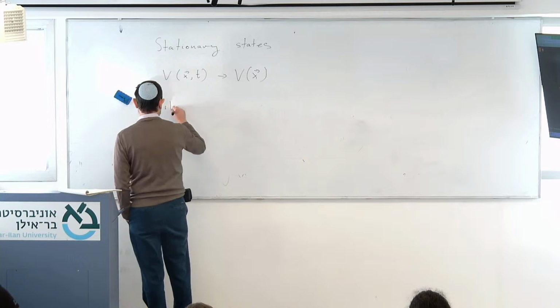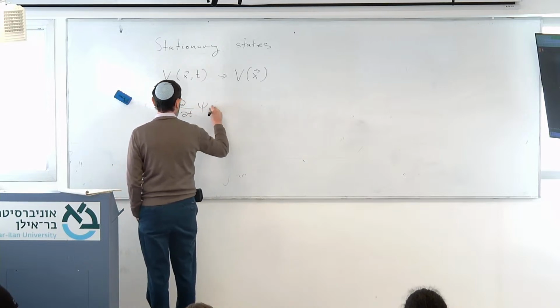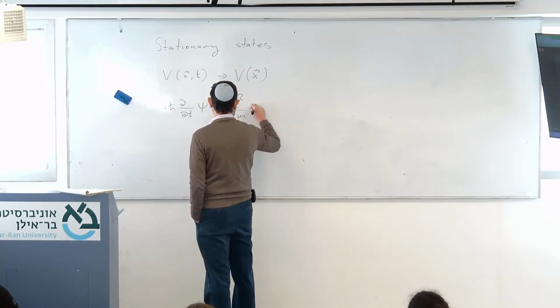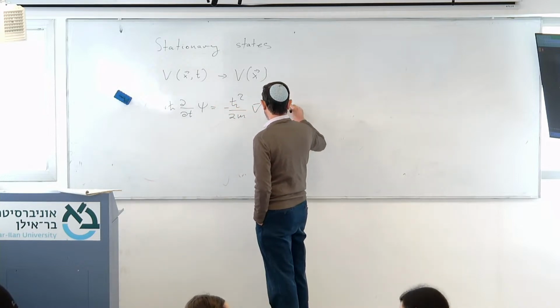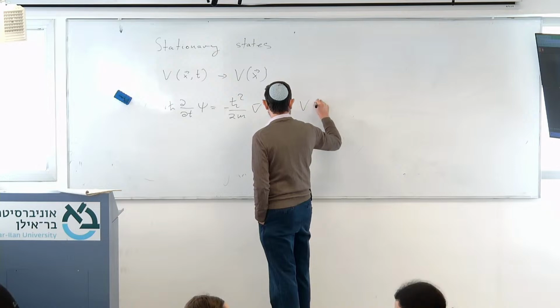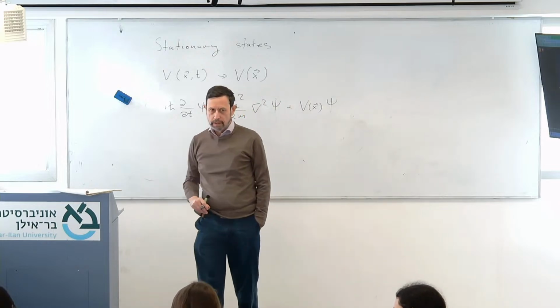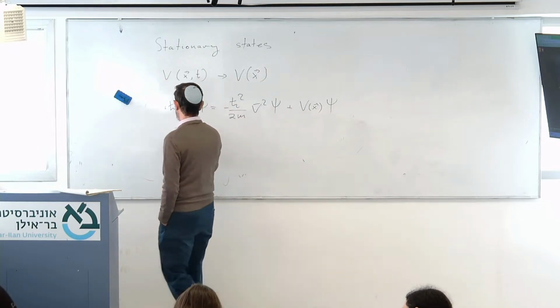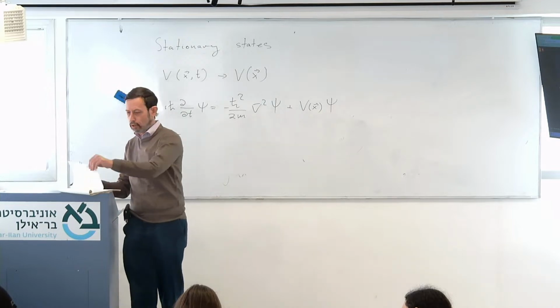So, I'm rewriting the Schrödinger equation. And in this case, I can rewrite psi as a multiplication of two terms.